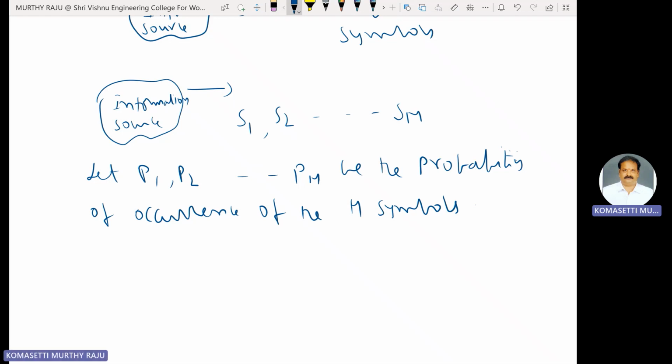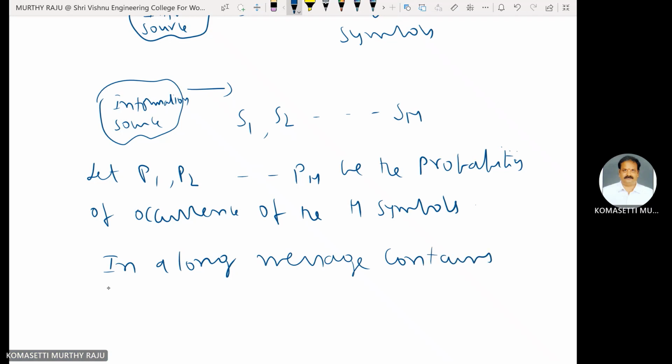That means a long message contains capital N symbols.